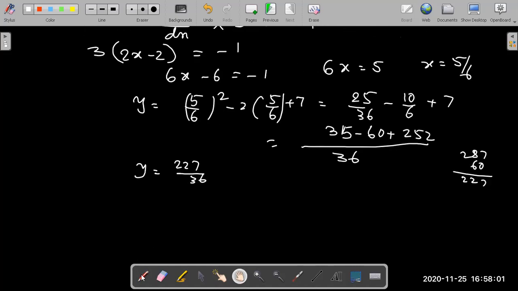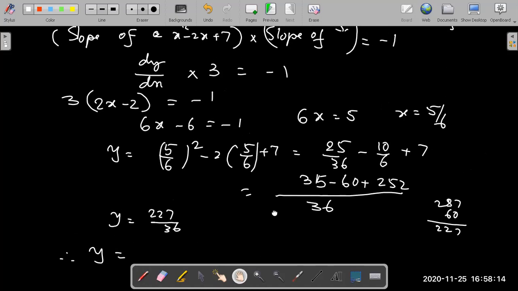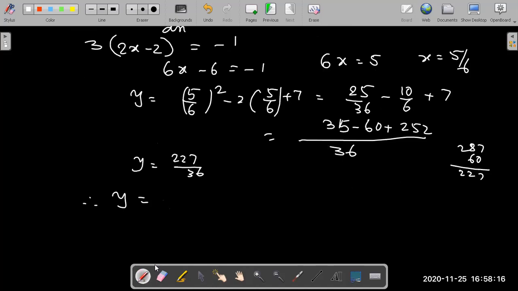So we got the x value, y value, and m value. Therefore, y equal to m x plus c. The slope is 3, so y equals 3x plus c. So we substitute 227 by 36 equal to 3 times the x value, 5 by 6, plus c.